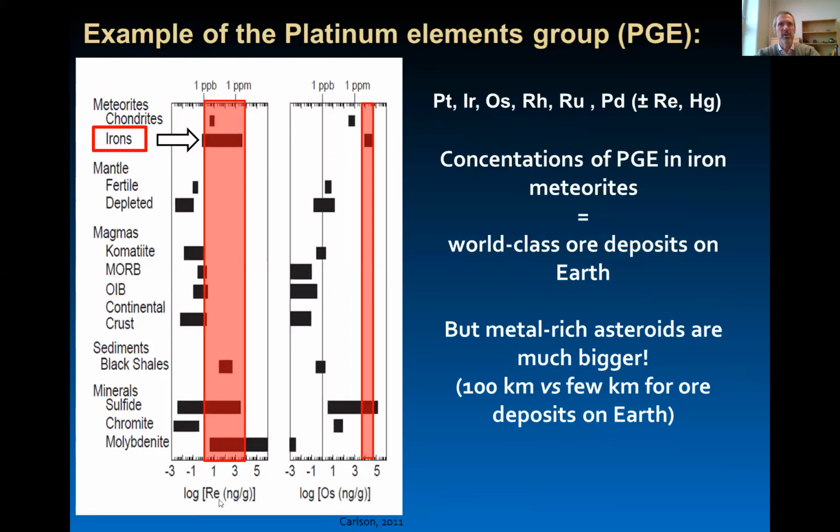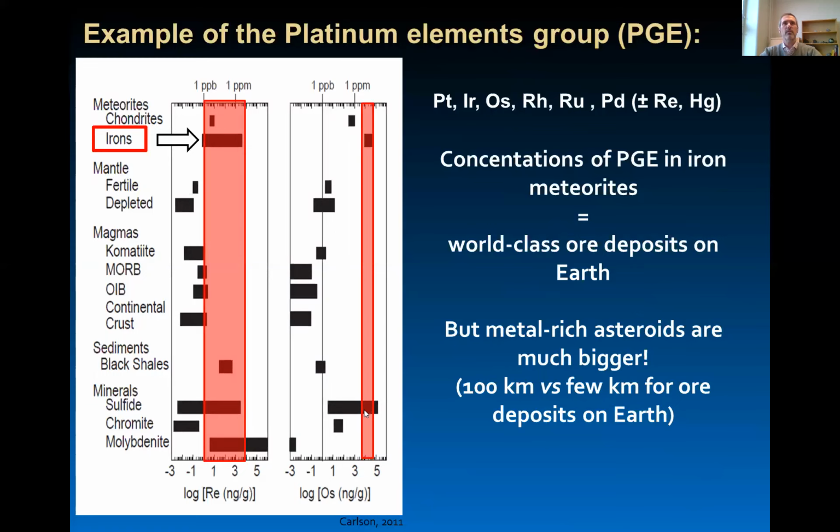And in fact, for rhenium, the iron meteorites are as abundant in rhenium as molybdenite, that is rhenium ore, basically, or sulfides. Same thing for osmium.